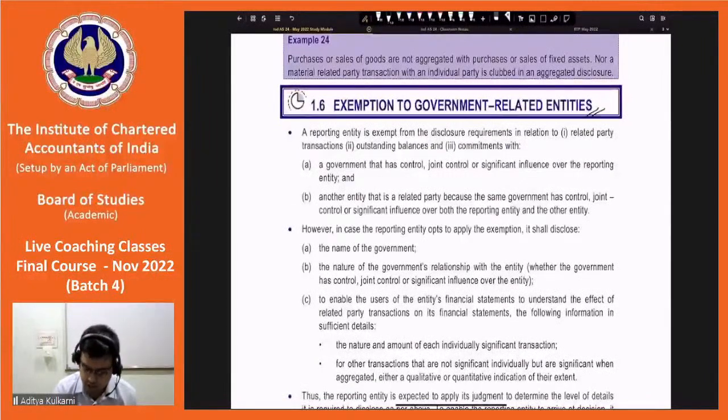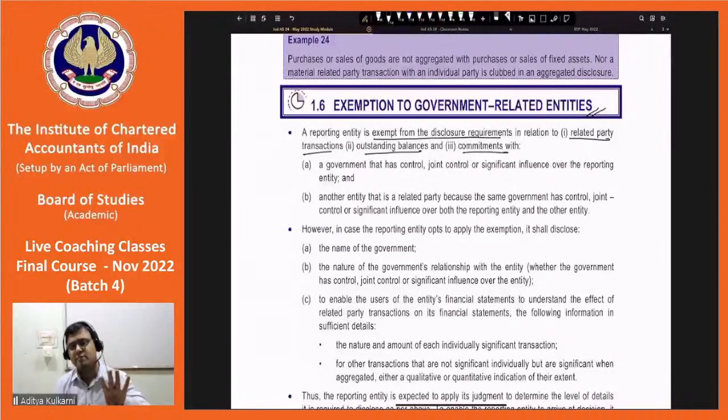Exemptions are only for government related entities. So what is the exemption given? Exempt from disclosure requirements in relation to related party transactions, outstanding balances and commitments. So what all were there in the disclosures? Related party transactions, outstanding balances and commitments.